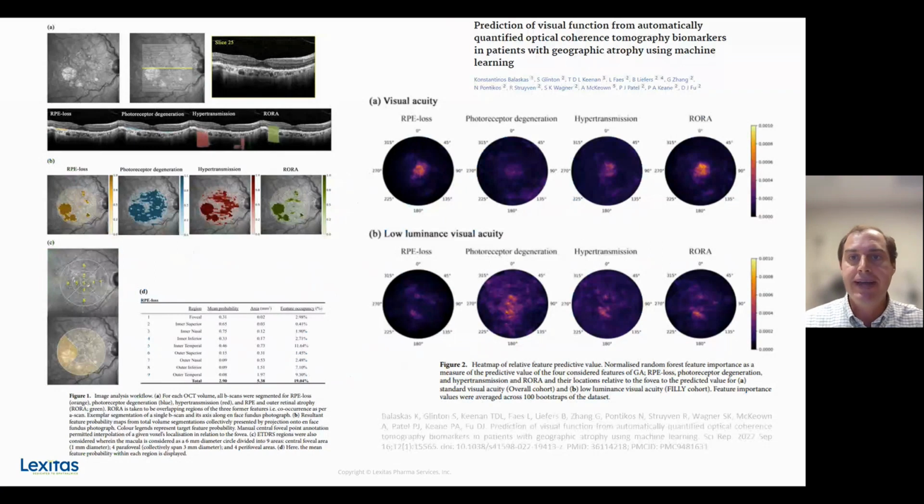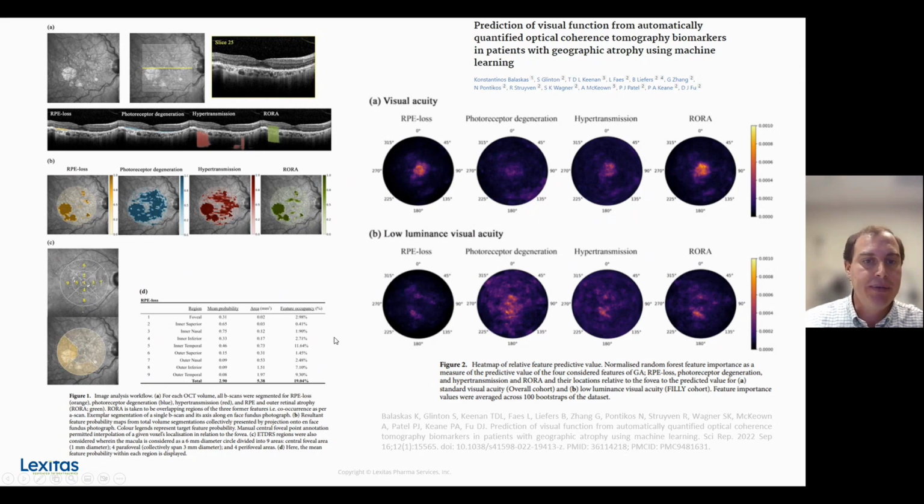And a portion of this has been done by this group that's referenced here, and they did really remarkable work on this, where they predicted visual function from automatically quantified OCT biomarkers. This was quite a remarkable paper where they were able to show that certain characteristics on the OCT were more related with vision loss than others.